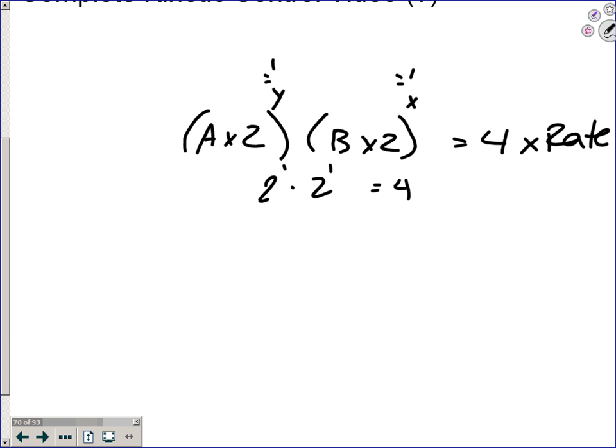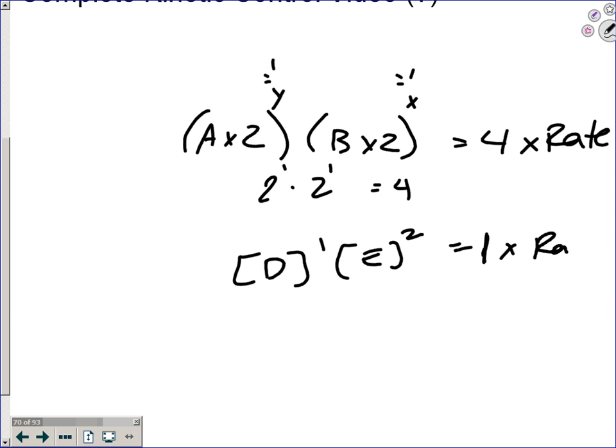Number 10. It's first order with respect to D, and second order with respect to E. No change in overall rate.